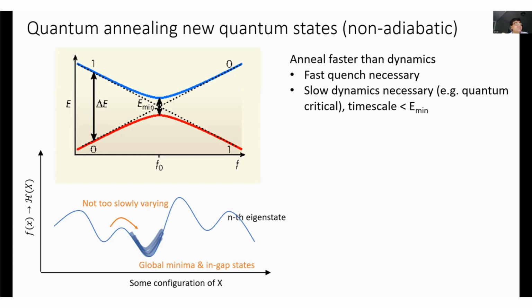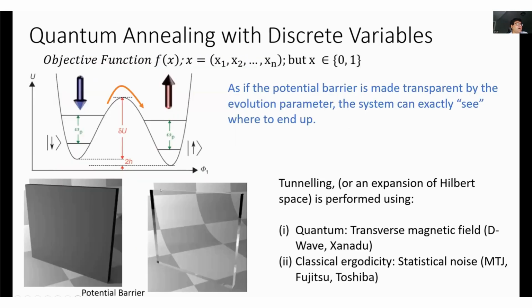Now, of course, you have to realize that there is another type of annealing which is possible, where you allow the system to go across that energy barrier, which is called diabatic or non-adiabatic quantum annealing. Here you can take advantage of the other states.